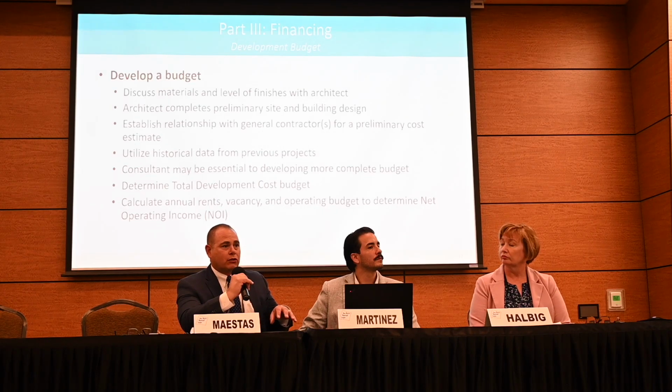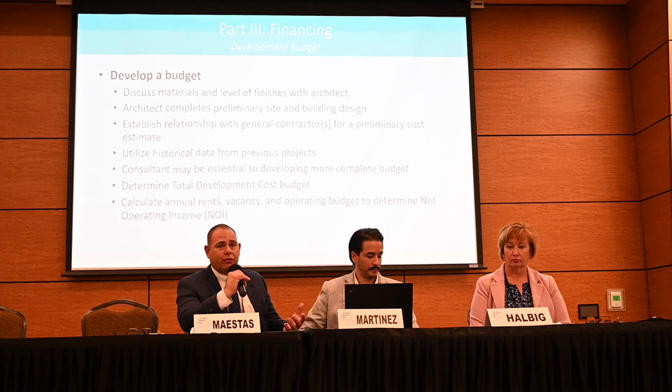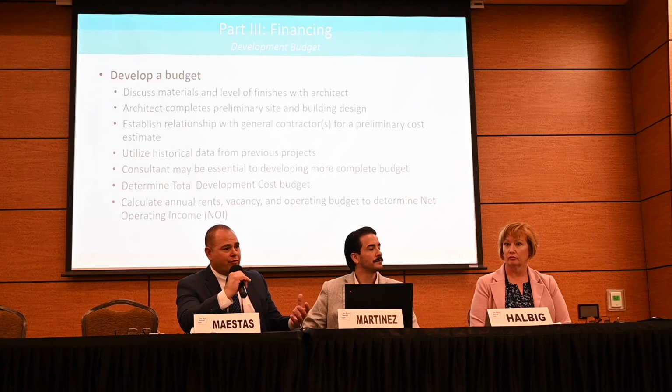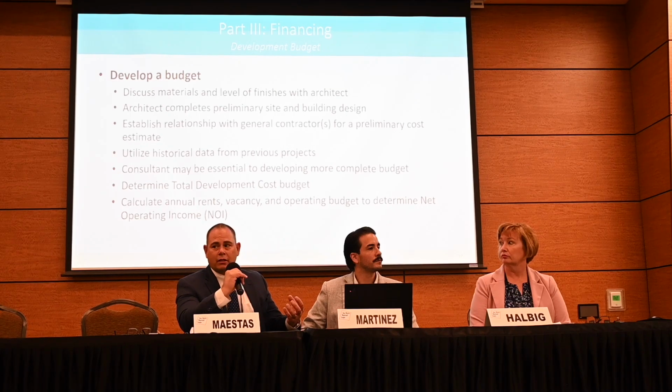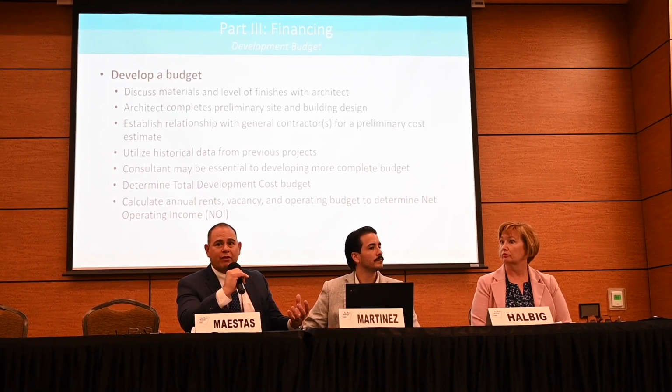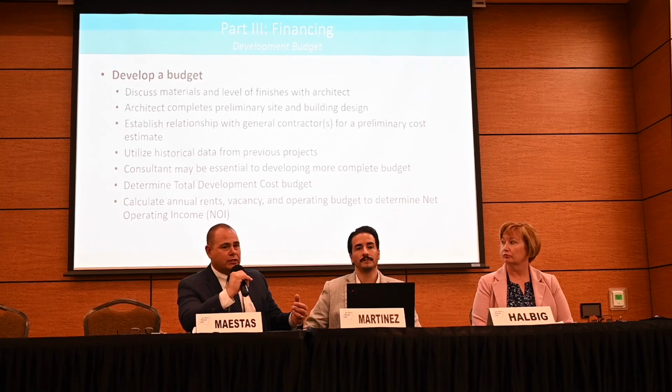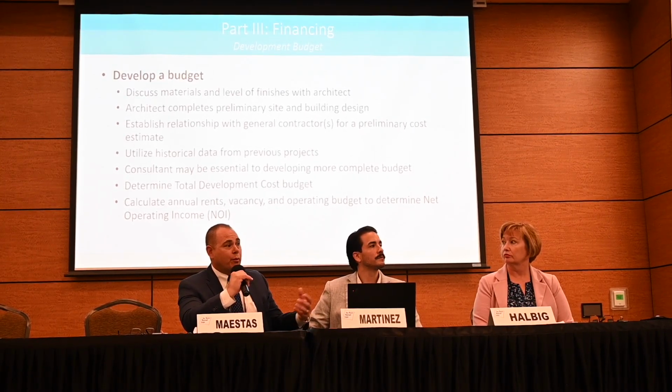You'll then start to take some of that other information that Tim mentioned, like who are you serving, how many units are you building, and you'll start to calculate the annual rents, and that's your income for the project, right? And let's not forget that if you're an affordable housing project, you are accepting lower rents, which means you are getting less revenue than your neighbor across the street who might be a market rate apartment complex.